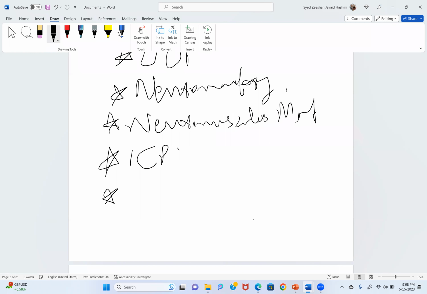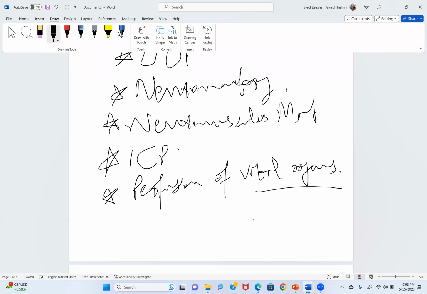Then, if we broaden it, maybe you can say perfusion of vital organs. Which vital organ's perfusion can we monitor? Kidney. This is a little different.